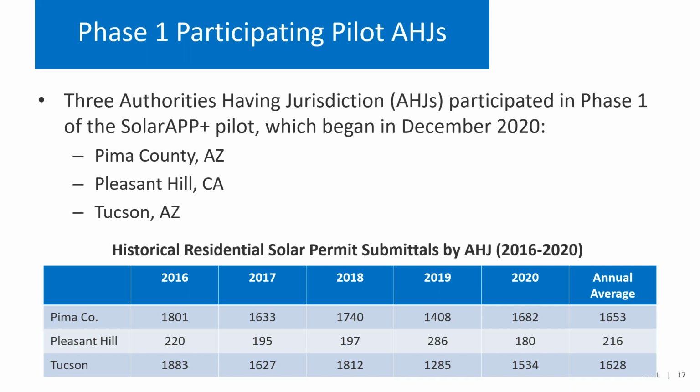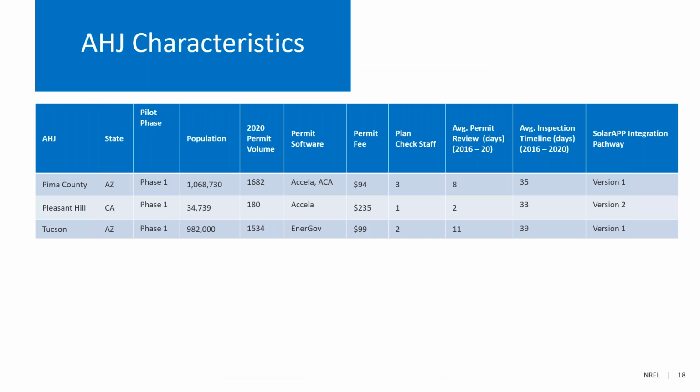On the flip side, even if you don't process hundreds of applications, SolarAPP can still be valuable to you because it improves your process and makes it more efficient. That's partially why Pleasant Hill, California adopted it to be as effective and as helpful to their consumers or customers as possible. Ultimately, here's a little bit more detail on every one of those communities and how they compare.